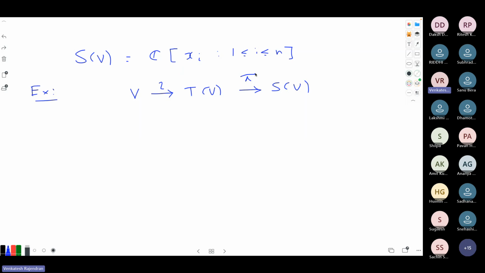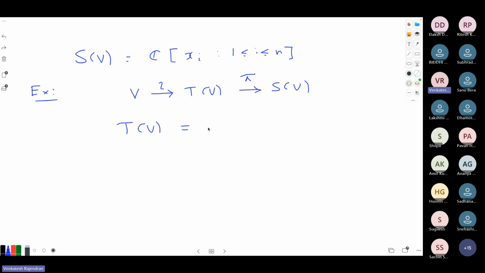Now note that T of V is naturally graded. You can use the total degree of the monomials that appear in the basis, and use that to order the elements of T of V. In particular, T of V is a graded algebra.